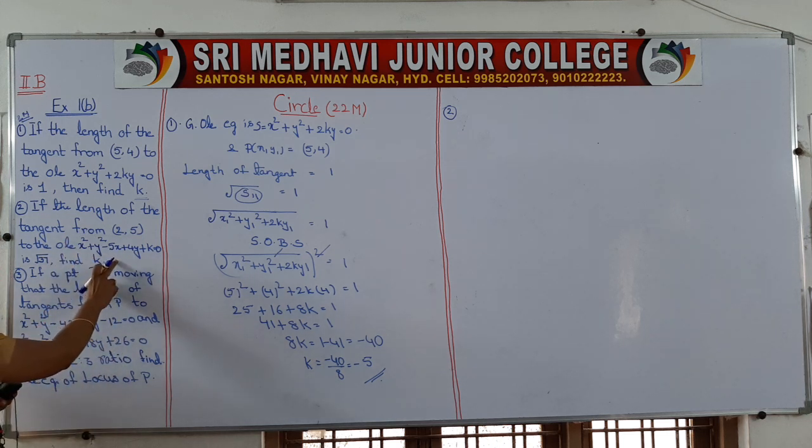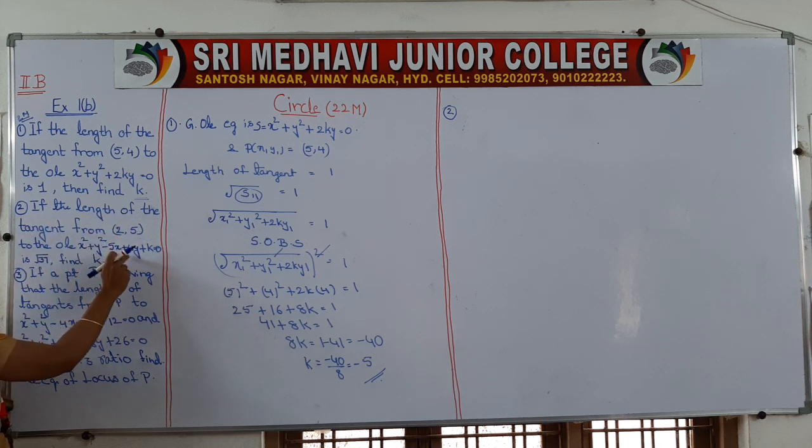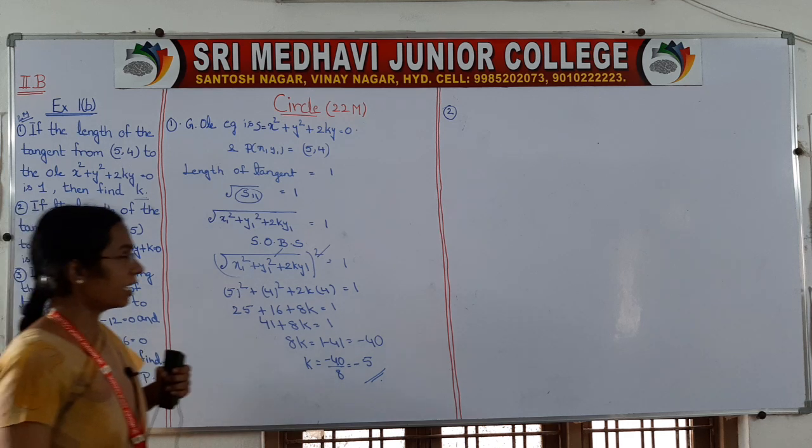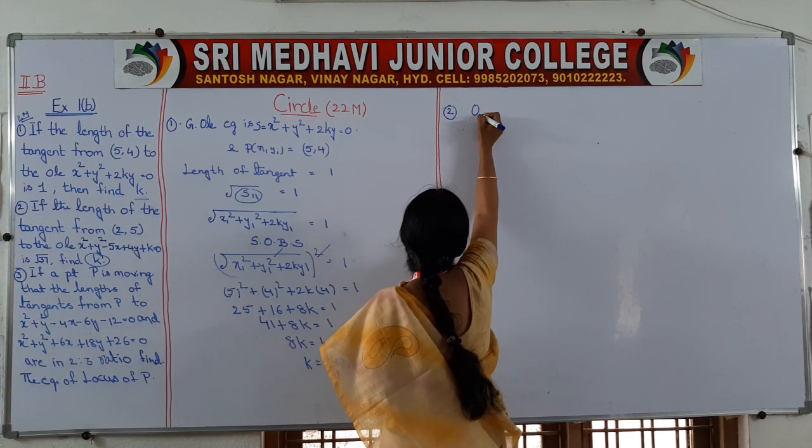So this is our second question. Find the k value if the length of the tangent from this point to this circle is given. Again here we have to find the k value. So what is the circle equation here?